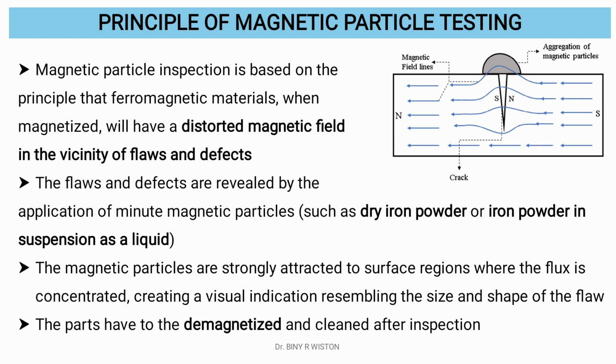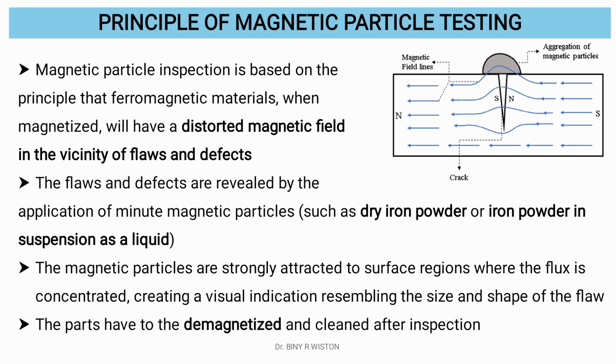These breaks set up minute magnetic poles and leakage flux paths, which attract fine magnetic powder particles to the discontinuities, forming a reliable visual indication of the discontinuity.